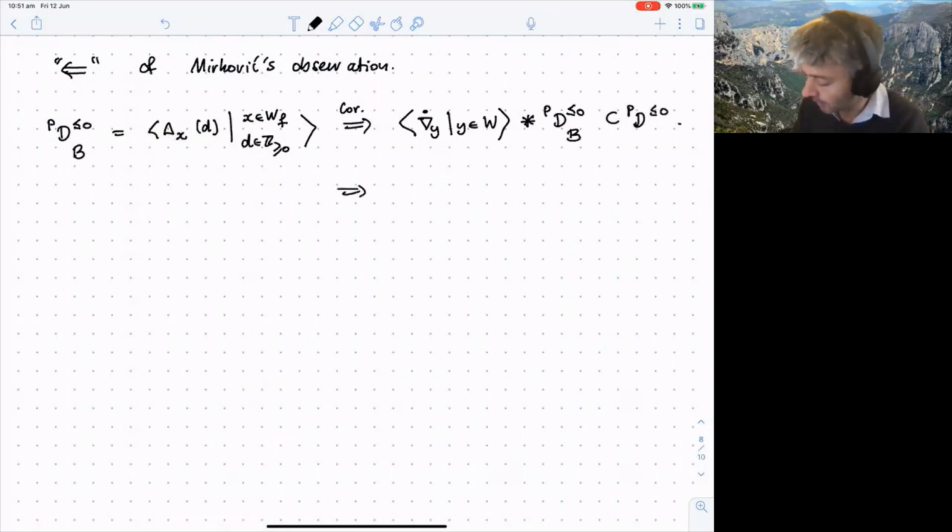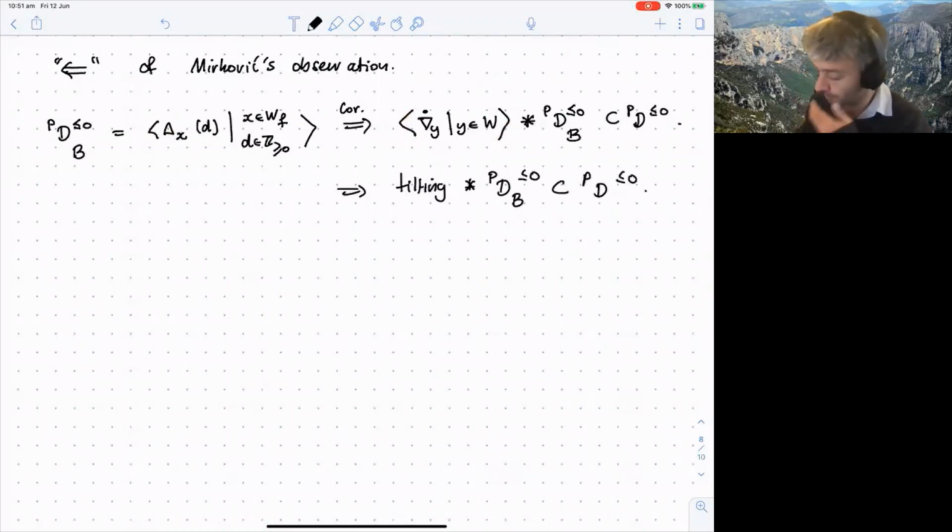So a tilting belongs to here. So this says that a tilting is, sorry, not perverse, but is in this wing of the T structure.